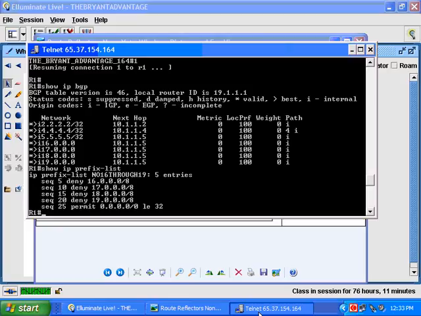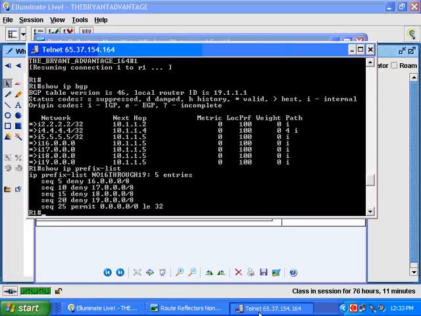So let's again assume that we have written this list and we've applied it. And oh, you know what we meant to do? We meant to permit the network 16100/16, but still deny all other networks in that subnet.